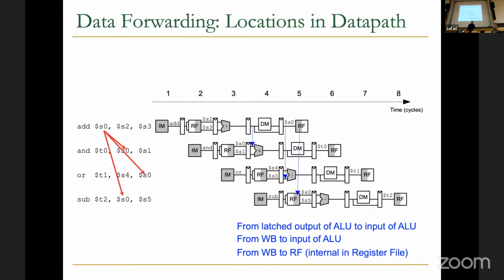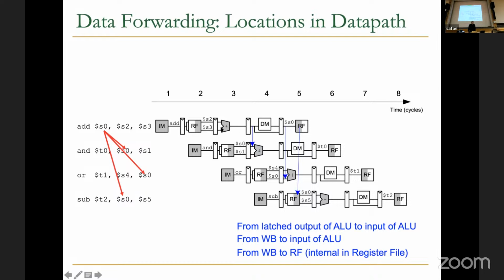So let's see 3 specific forwarding paths in this example. Here we have the same example that we had in past slides. We have this add instruction that stores the addition of S2 and S3 inside S0. And there are 3 instructions later on that all need the value of S0, right?